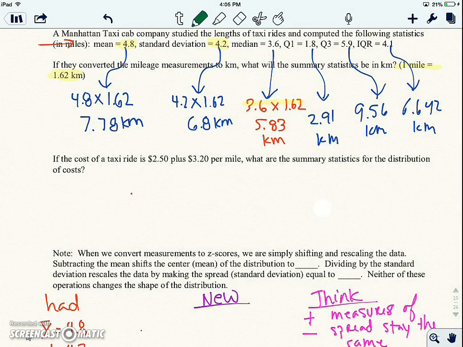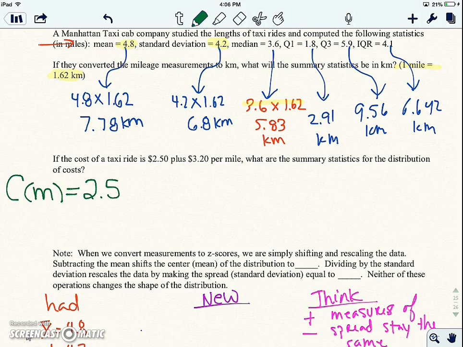Here's something more real world. If the cost of a taxi ride is $2.50 plus $3.20 per mile, what are the summary statistics for the distribution? Well, we can write a cost function, C for cost, where we plug in the miles that you go in the taxi cab, and it tells us how much you have to pay. Well, $2.50 just to get in the taxi.